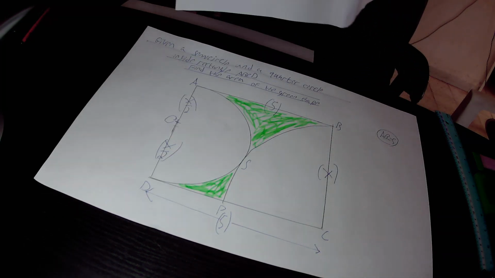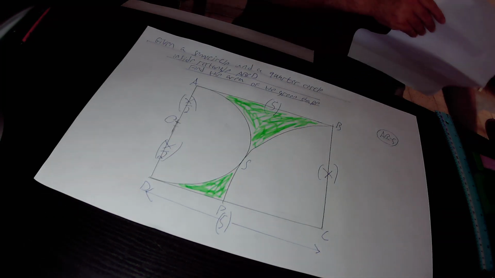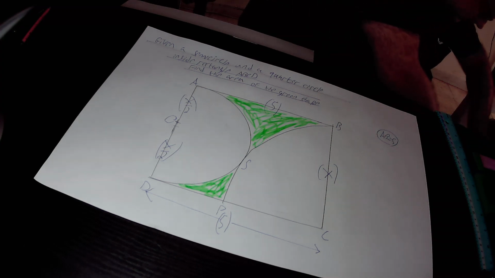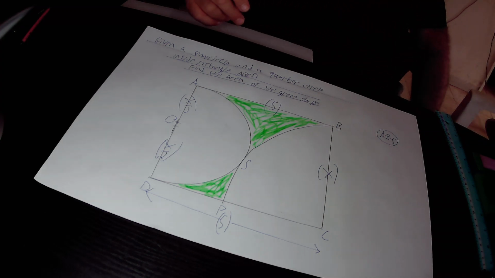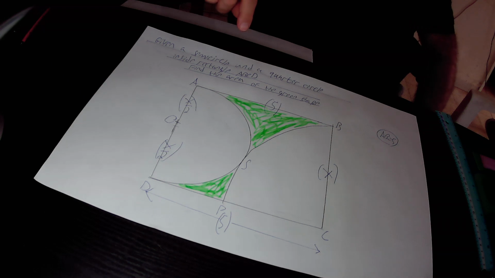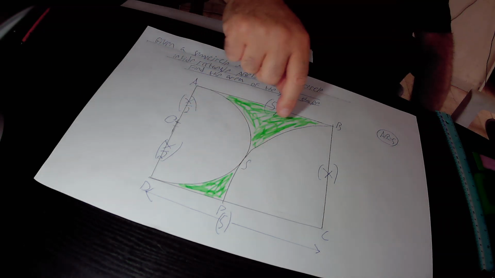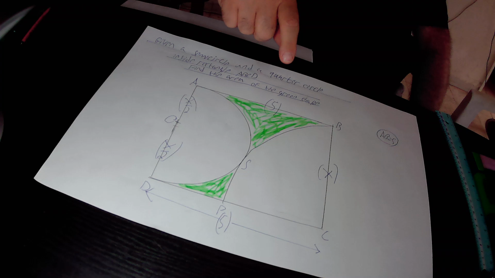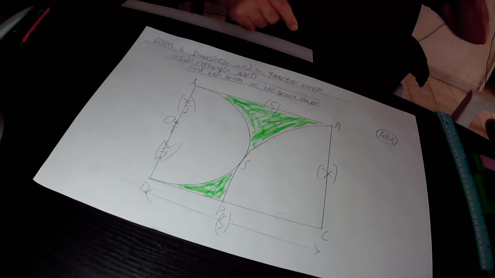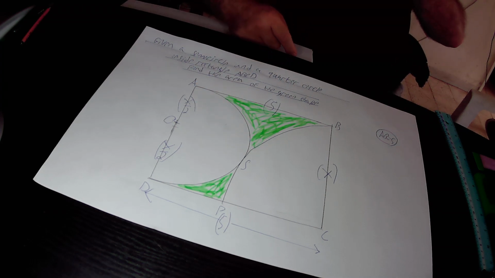So we can actually implement Rule 10 in our drawing. Why? Because in our drawing this semicircle and this quarter circle touch each other externally at this point S. Therefore, we can implement Rule 10.